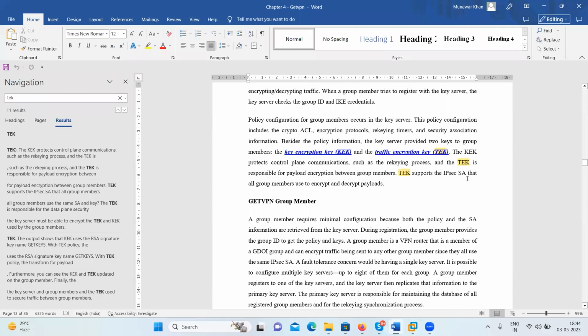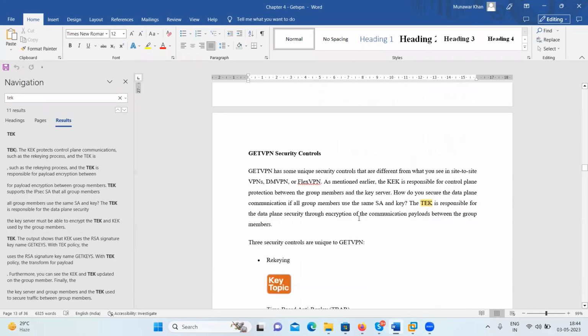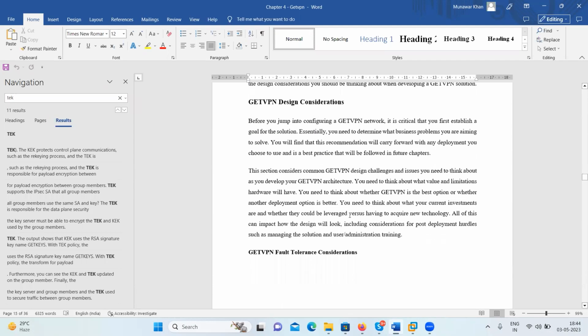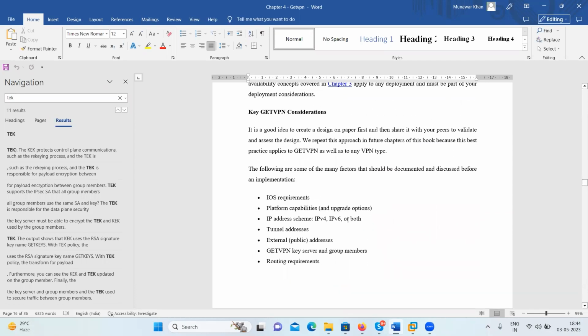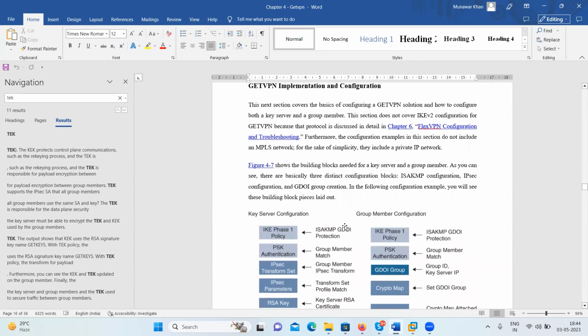TEK supports the IPsec security association that all group members use to encrypt and decrypt payload. I hope you understood this discussion.